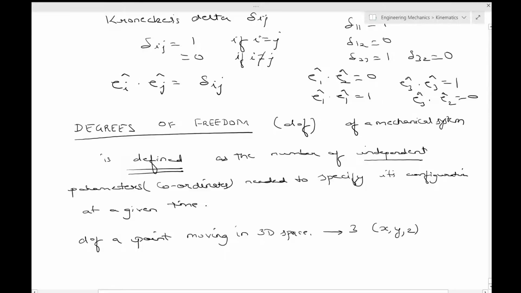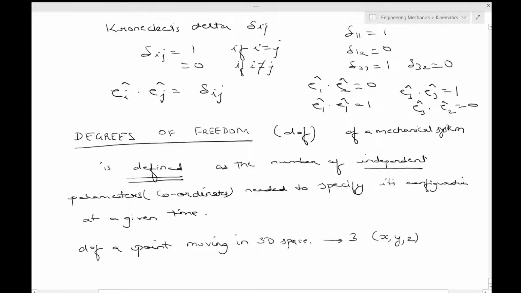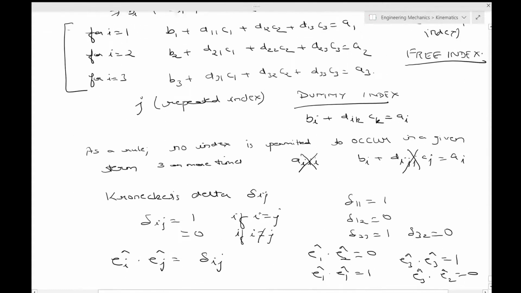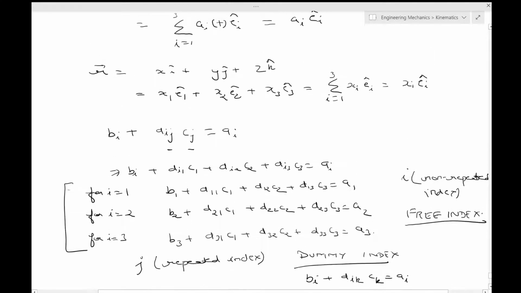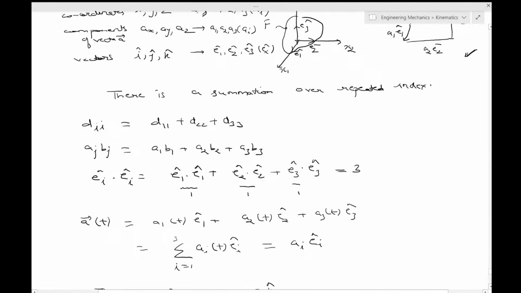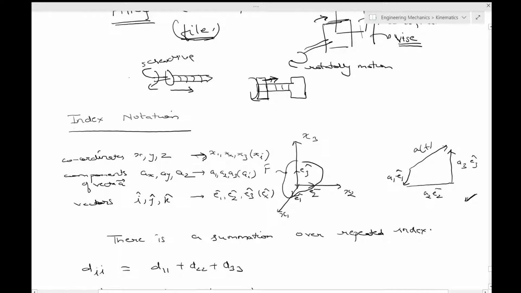One point which I should have mentioned when I discussed the index notation is that this i, j, k system which you have is not just used for the Cartesian coordinate system. It can also be used for the cylindrical or the spherical coordinate system, where for example r, phi, z will be given by x1, x2 and x3.